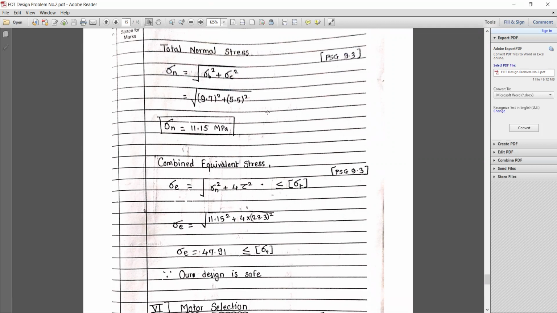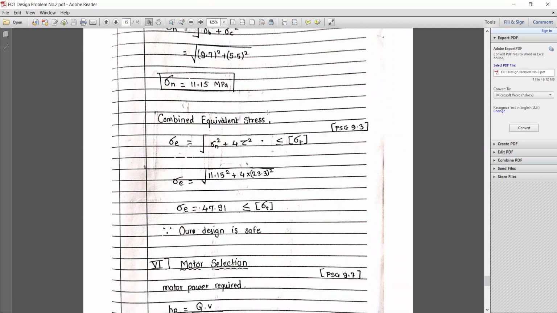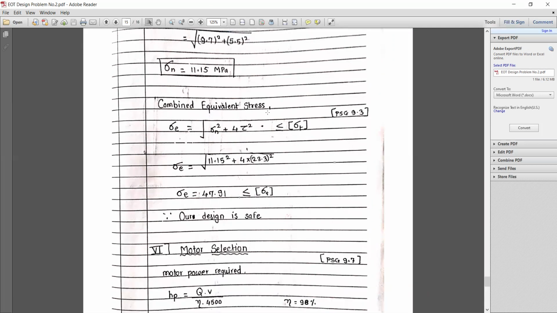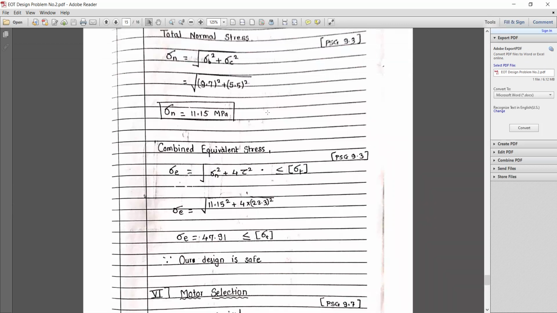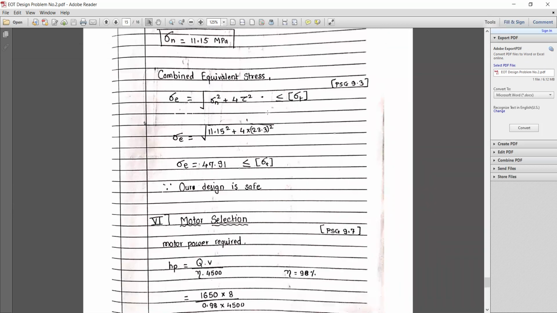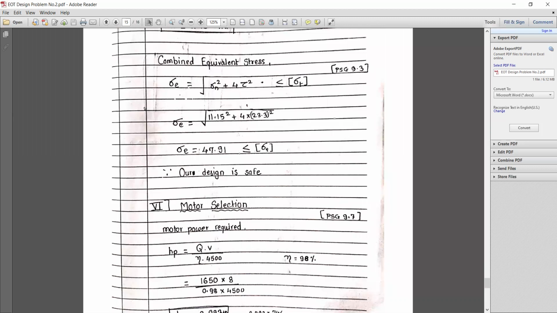So total normal stress sigma n is equal to the square root of sigma b square plus sigma c square. Putting all the values, we calculated that sigma n is equal to 11.15 megapascal, which is very much lesser. So this sigma n, that is the total normal stress, we can use to calculate the combined equivalent stress.